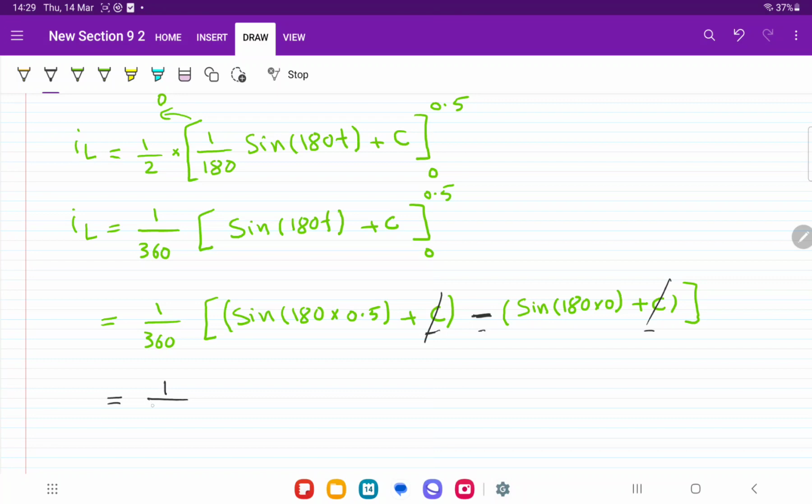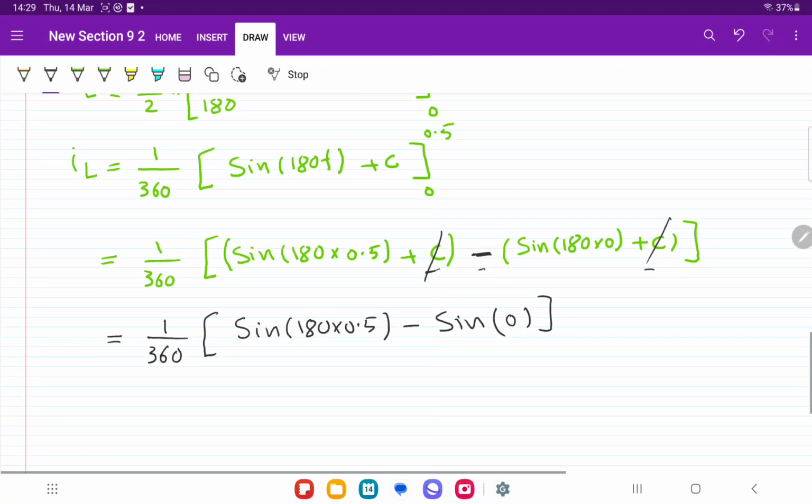So we have 1 over 360 times sine 180 times 0.5 minus sine 180 times 0, which is basically 0. If you want to use a calculator, feel free to use one.